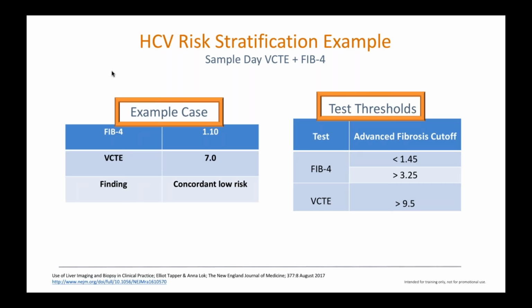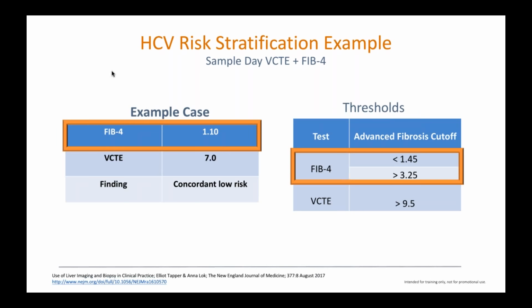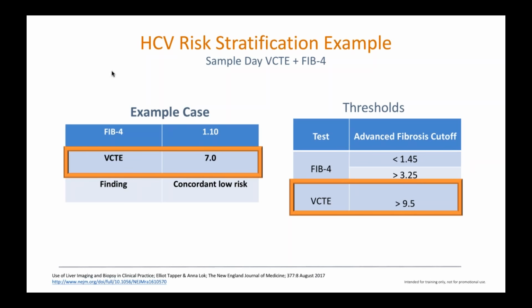So imagine that you did these tests and the FIB4 value was 1.1. Looking to the right, you would see that that would be a very low risk finding because it's less than 1.45. Then I'm showing an example of VCTE having a value of 7.0, which of course is low risk for fibrosis because it's less than 9.5 kilopascals.